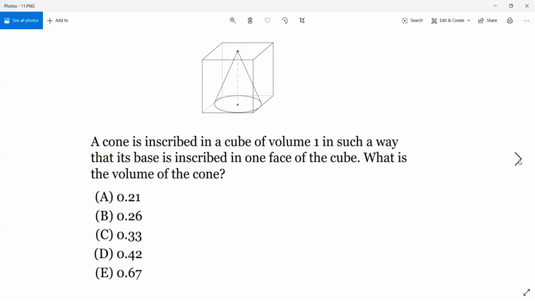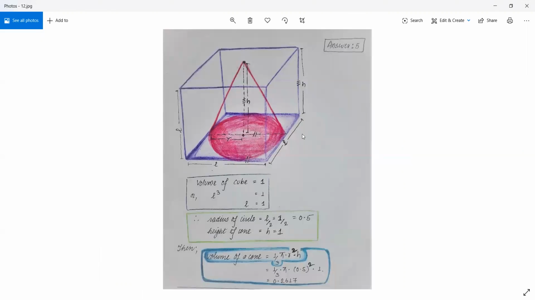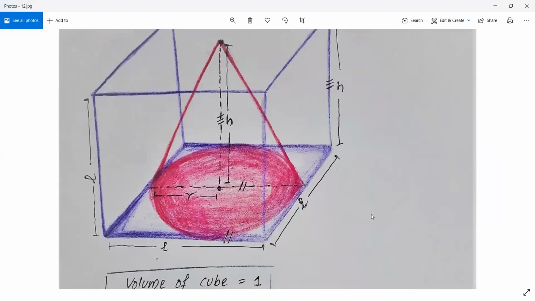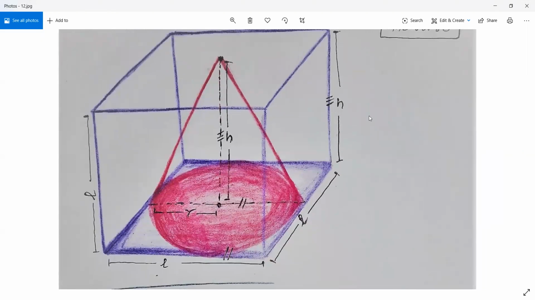So for this question, you can see in the figure that the base of the cone is inscribed in the base of the cube, which gives you the concept that the diameter of the circular base of the cone will be equal to one of the edges of the cube. So basically L will be equal to the diameter of the cone.